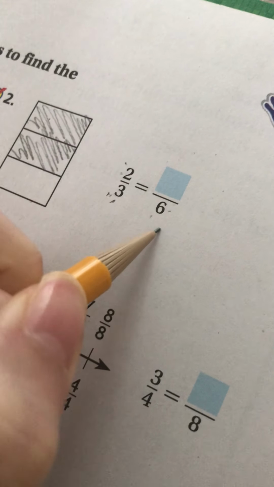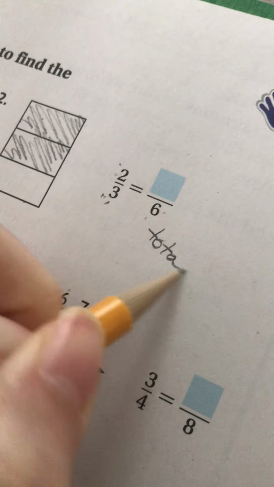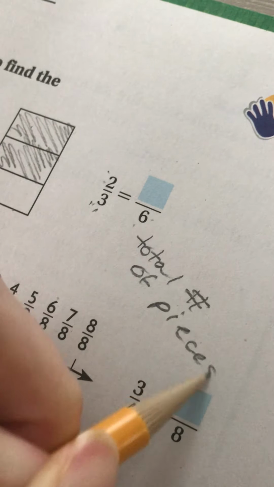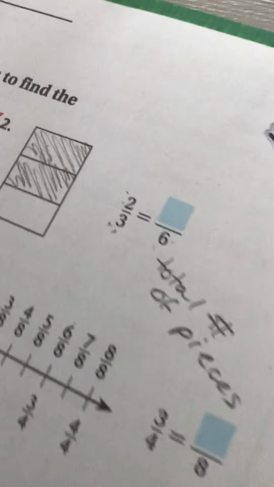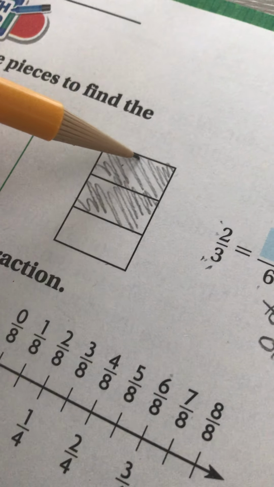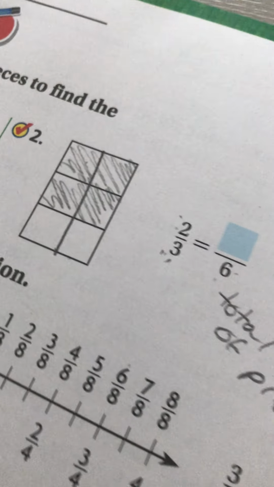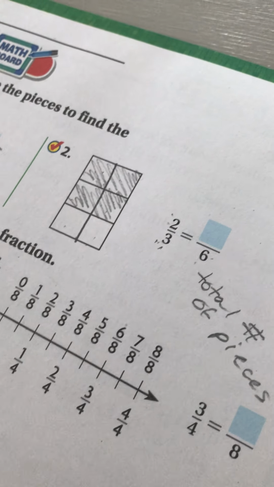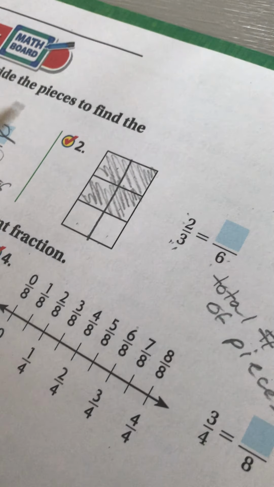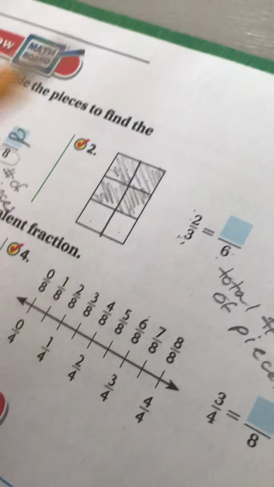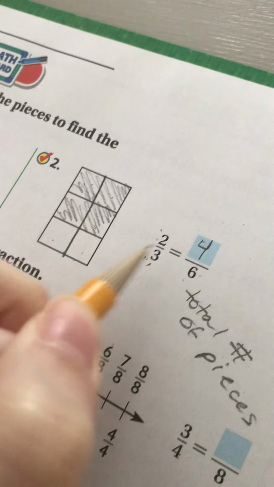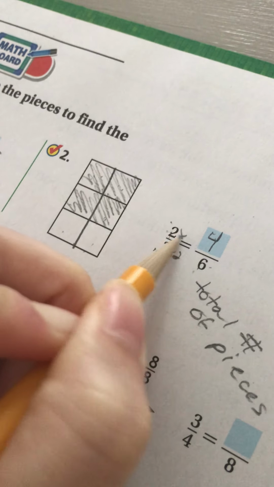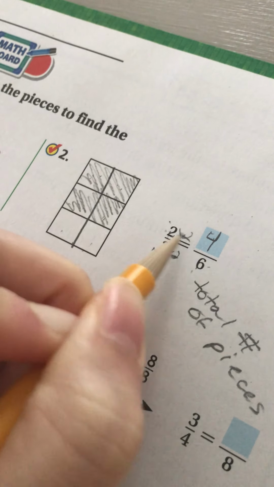Again, that's telling you your total number of pieces. All I know is there's 6. So I'm just going to draw a line down here, and now I have 1, 2, 3, 4, 5, 6. So out of 6, how many are shaded? 1, 2, 3, 4. So 2/3 is equivalent to 4/6. And again, that little trick, 3 times 2 is 6, 2 times 2 is 4.